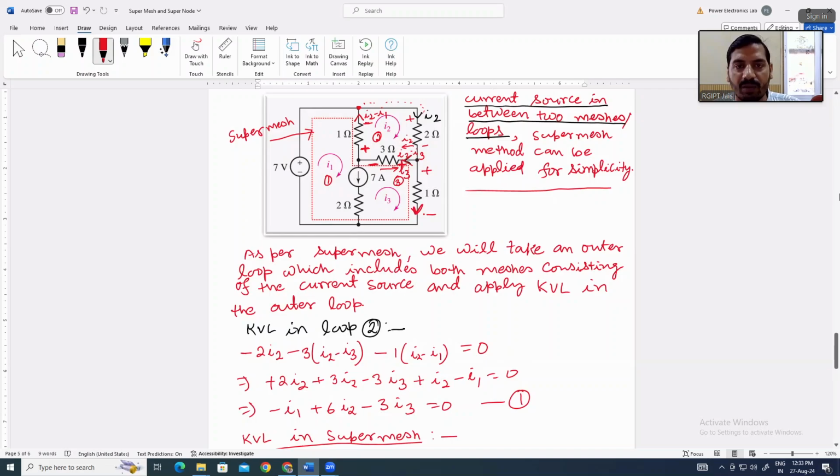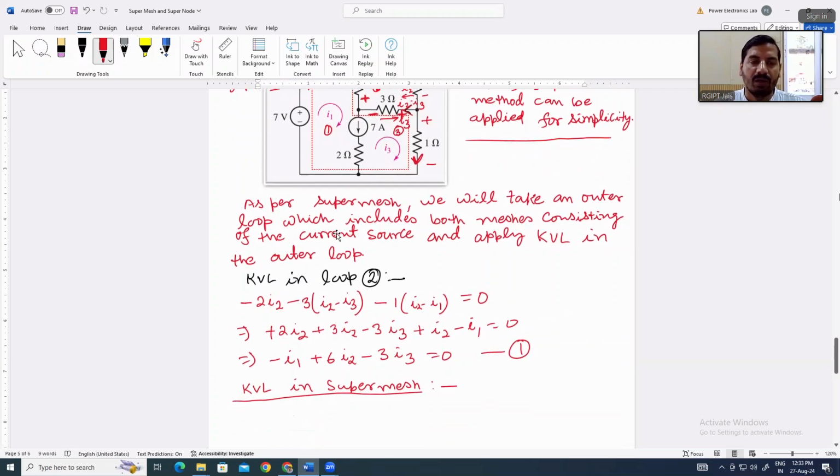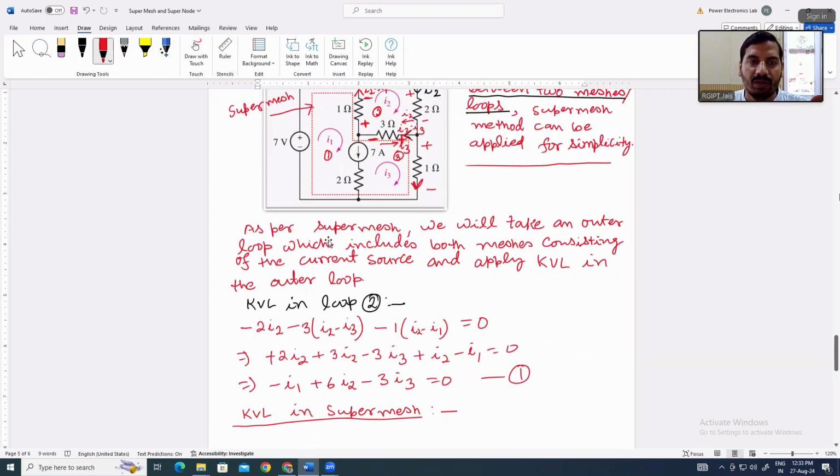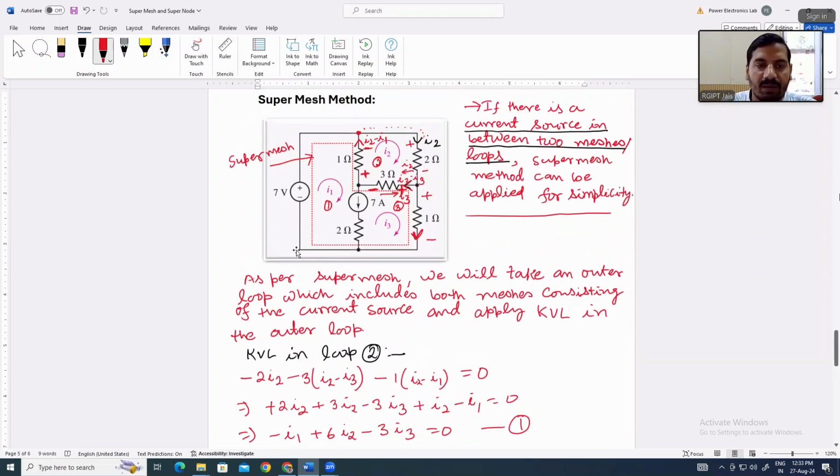So now we can apply KVL in this. This is our voltage source. This is one resistor, this is another resistor, this is the third resistor.